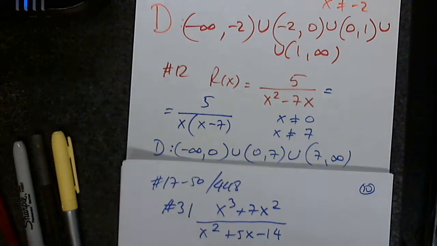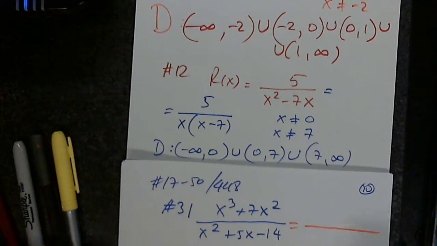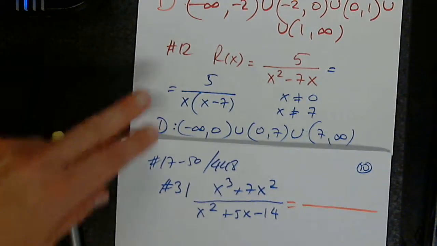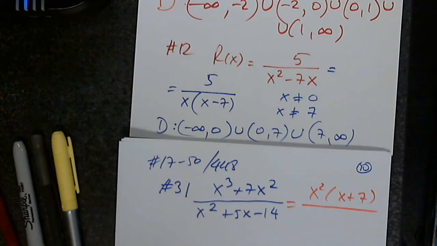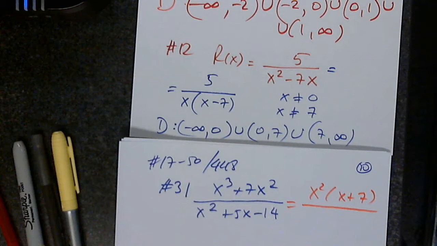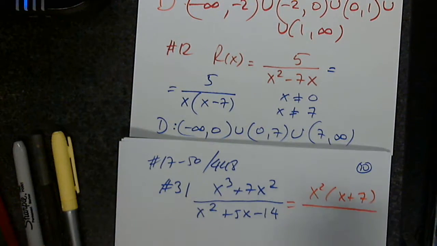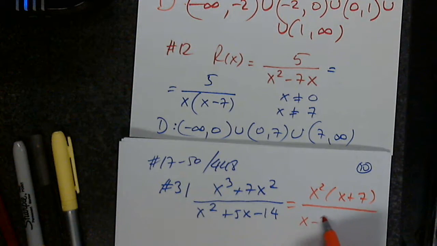What will you do to the top? x squared times x plus 7. Now tell me how you will factor the denominator. x plus 7 and x minus 2.